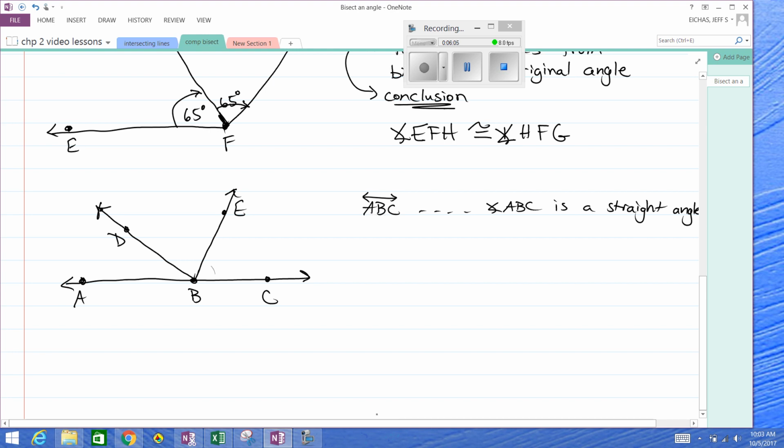Now, the next thing I might tell you is the measure of angle ABD is 38 degrees. Still not enough information to do very much. Now I'm going to add this other piece of information. I'm going to tell you that ray BE bisects angle DBC, the leftover. Find the measure of angle EBC. That's what our job will be.